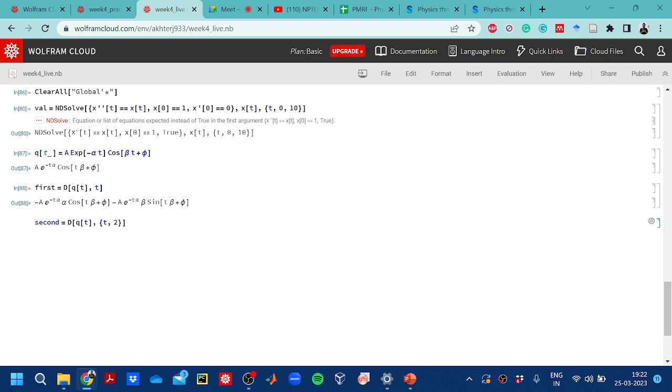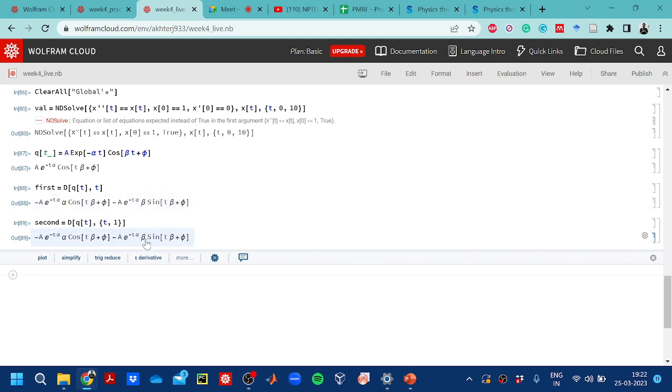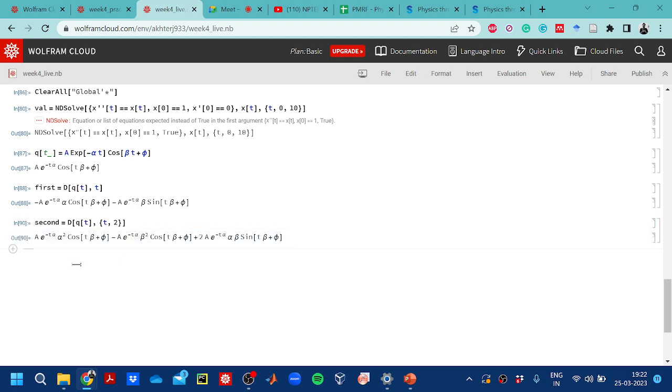For that we have to specify here the order of derivative. If we specify 1 here, it will calculate first order derivative, as you can see both these two values are same. And if we specify 2 here, it will calculate its second order derivative. So this is the second order derivative.